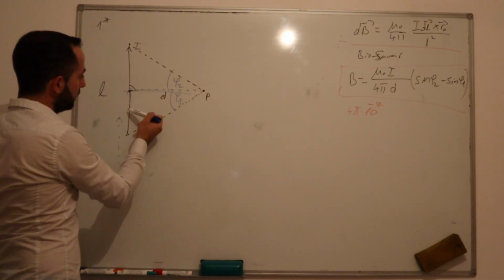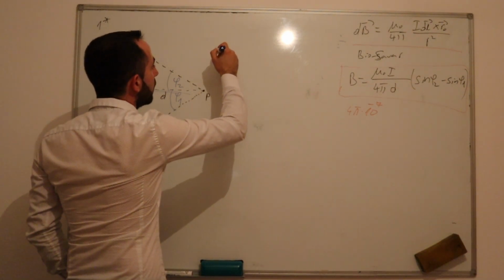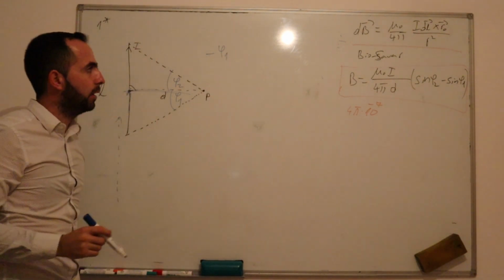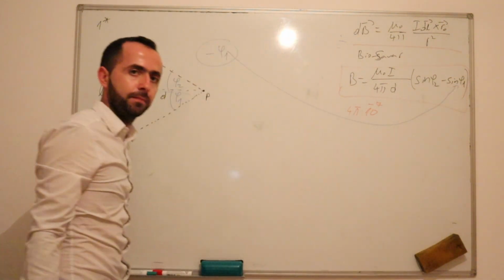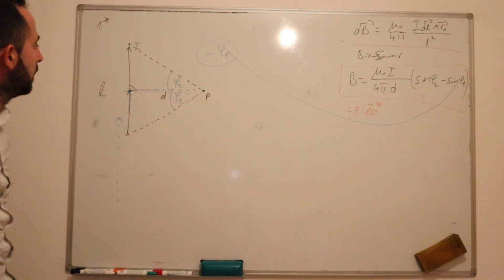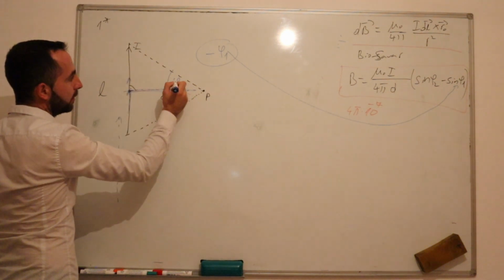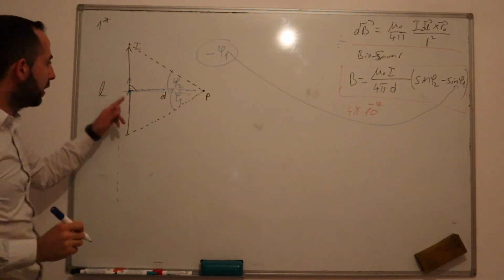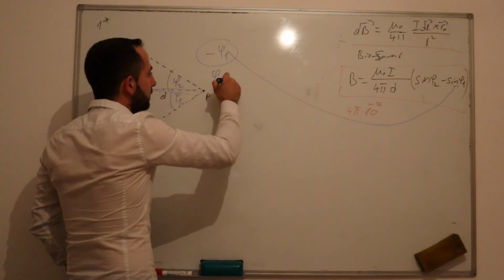So here for phi1, the current enters at this normal, so it is a minus phi1. We will use a minus phi1 here. If the current comes out from the normal of that angle, then that angle is positive, phi2.